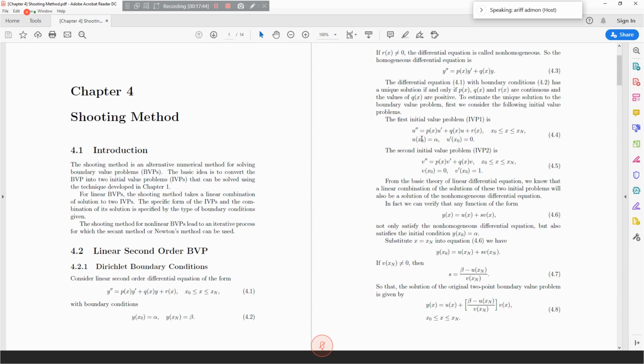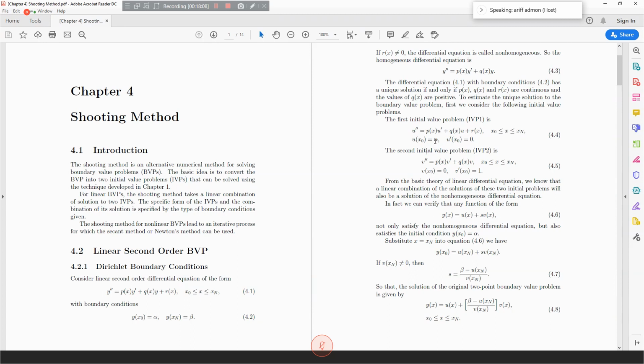But these two conditions must be with respect to just one value of x, which here is x naught. So we still have two conditions, but both with respect to x naught. This one is u of x naught, this one is u prime of x naught. That is an initial value problem.